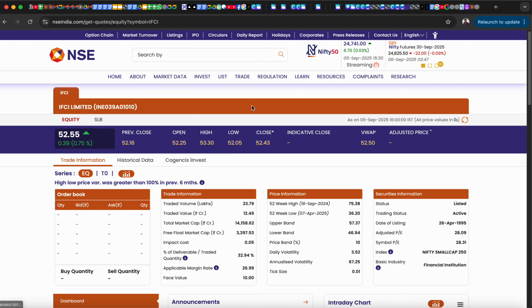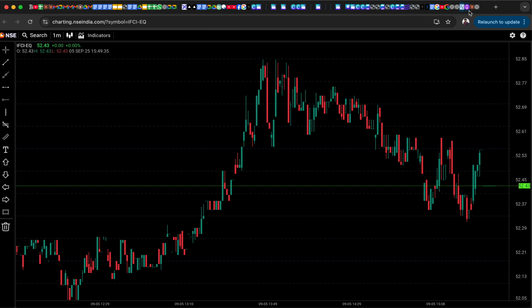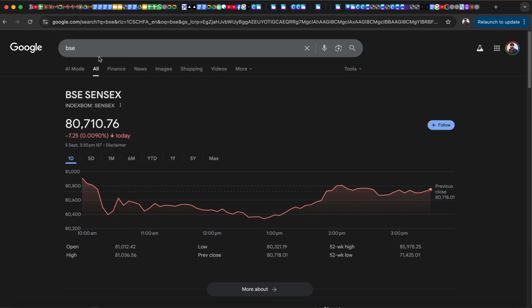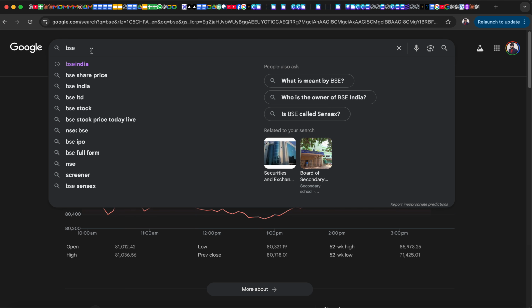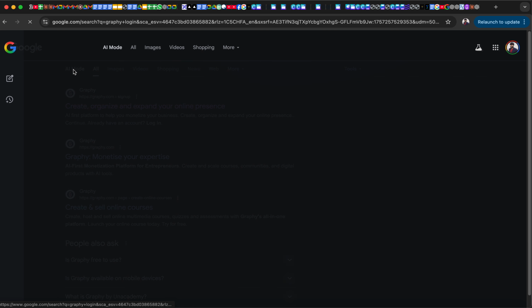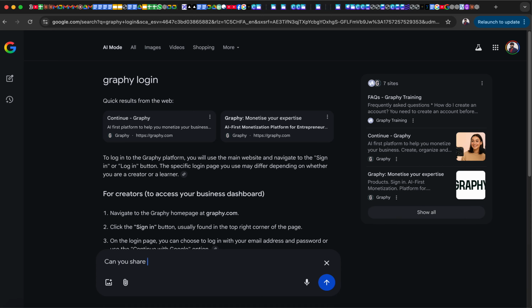There is a site on NSE or BSE, I think. Okay, instead of wasting time, let me go to GPT, and ask it to share the dividend.